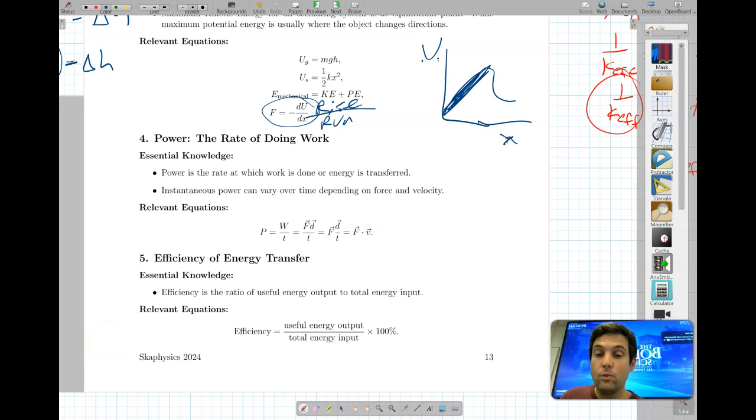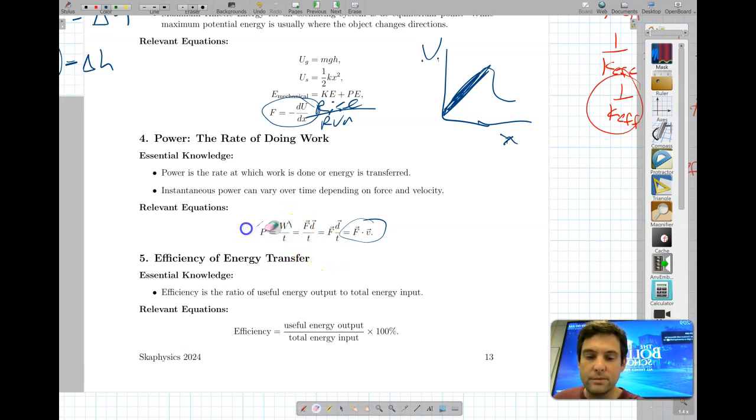Power is the rate that work is done or the rate that energy is transferred or transformed from one type to another. Instantaneous power can vary over time depending on force and velocity. So power equals work over time. That's our general equation. We're also given this on our equation sheet, and here's your derivation of it.